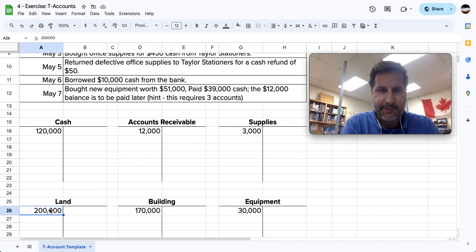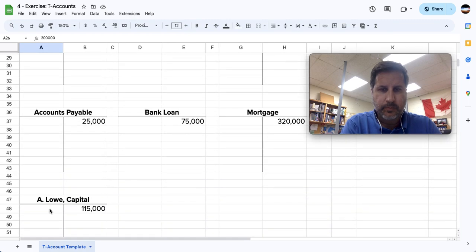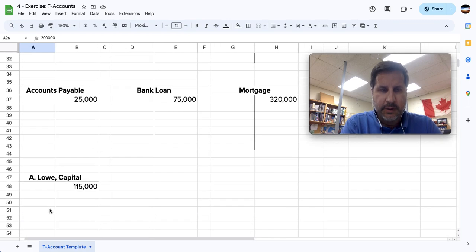Debit meaning left side. We also have liability accounts. They have credit balances, which means their balance just shows up on the right side because that is where we put our liabilities. And the owner already has $115,000 in the account as well.